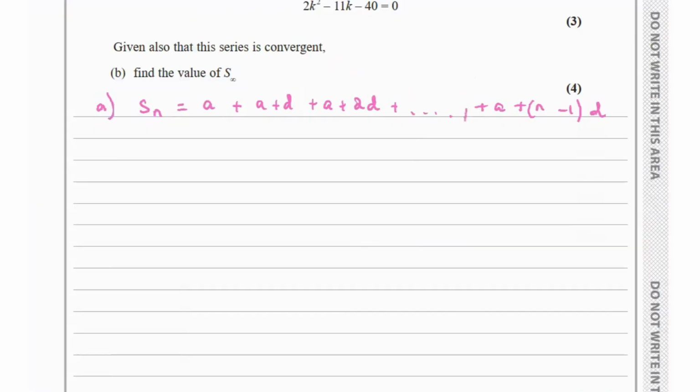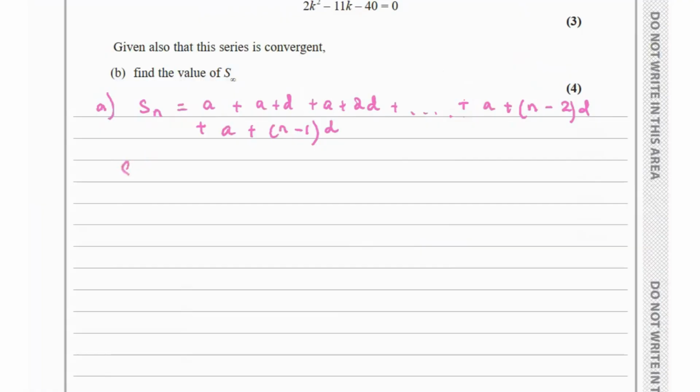Before that, what you can get is a plus n minus 2 times d. So this is the term before a plus n minus 1 times d. So if I rewrite this, that's going to be a plus n minus 2 times d plus a plus n minus 1 times d.